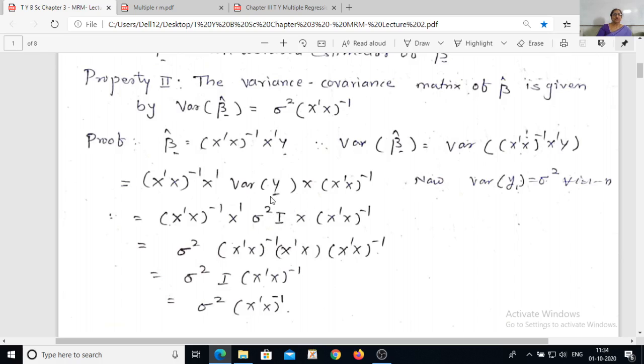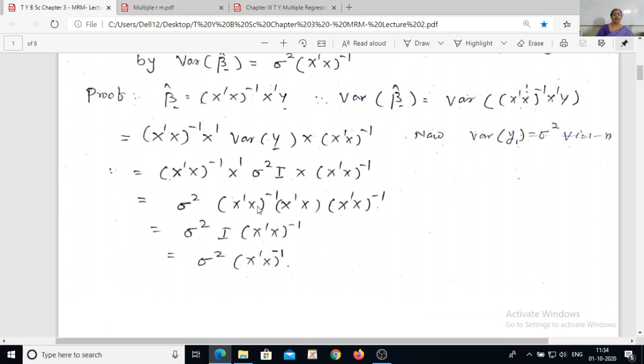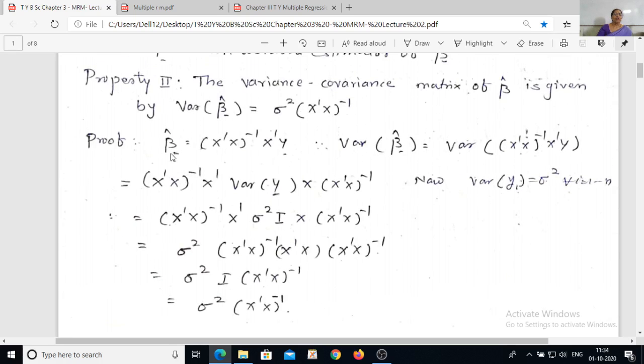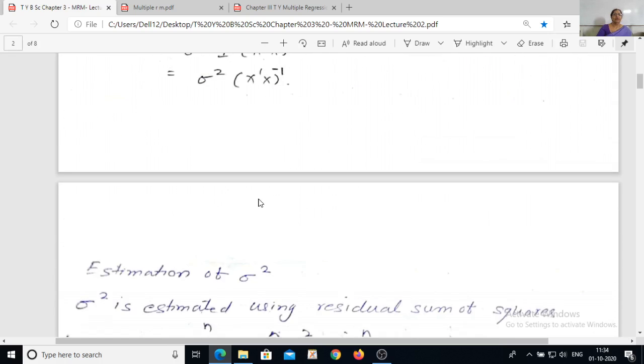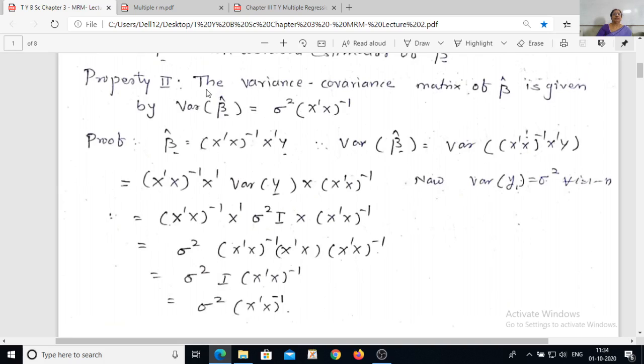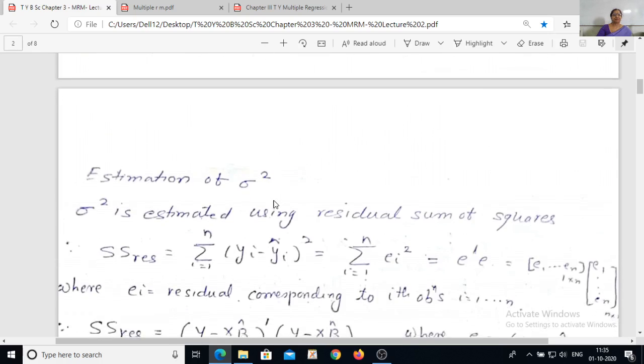Since sigma square is a scalar, I will take it outside of this matrix, and therefore sigma square times (X prime X) inverse X prime, X, and (X prime X) inverse as it is. Further, (X prime X) inverse X prime X is I. Therefore sigma square I (X prime X) inverse, and therefore the variance of beta cap is sigma square times (X prime X) inverse. In this way, we can show that the variance covariance matrix of beta cap is sigma square (X prime X) inverse.